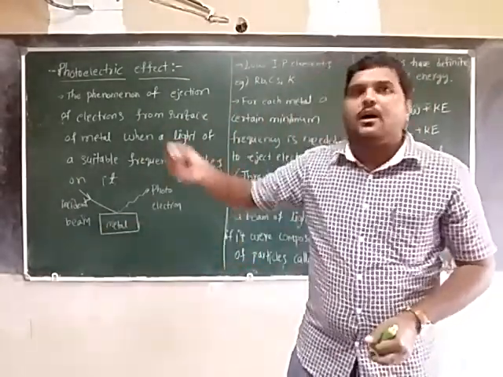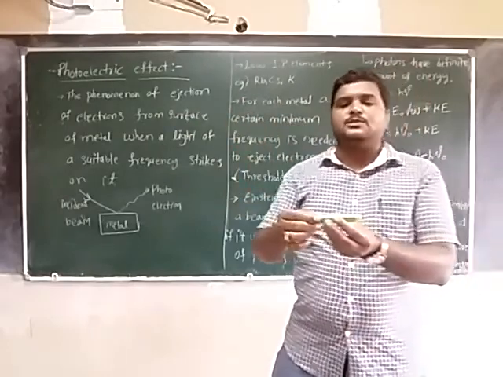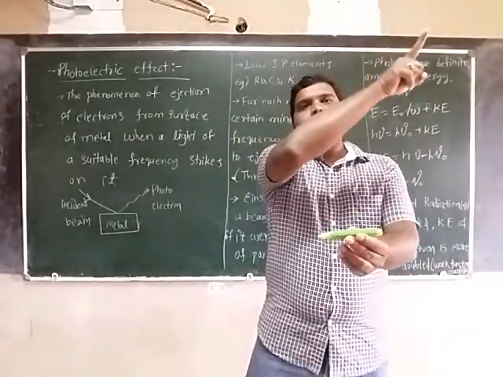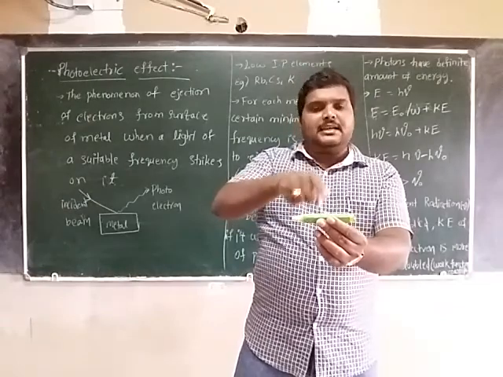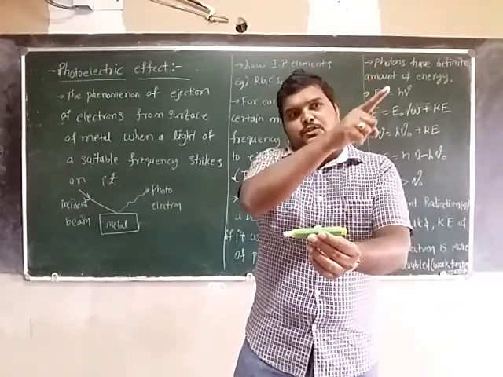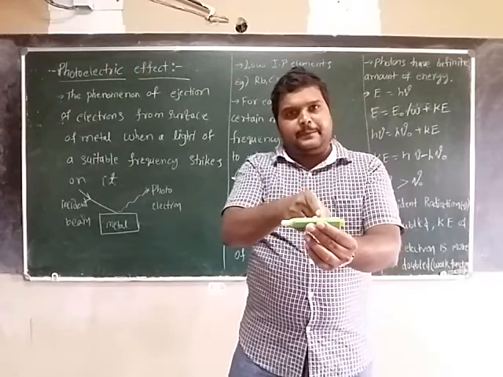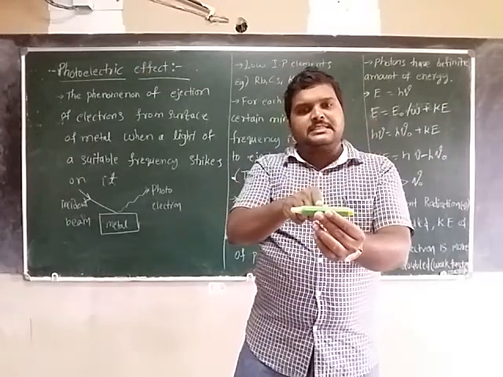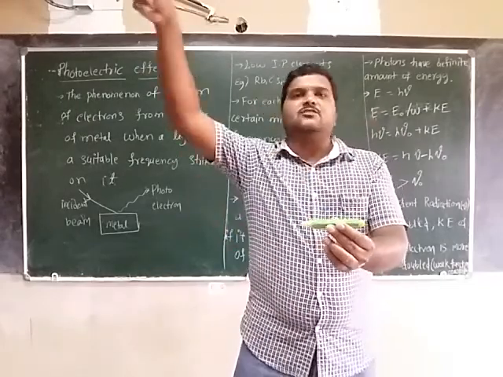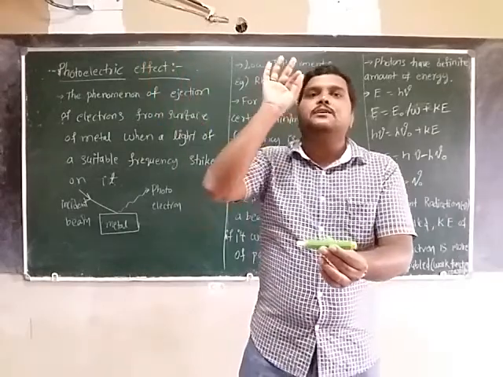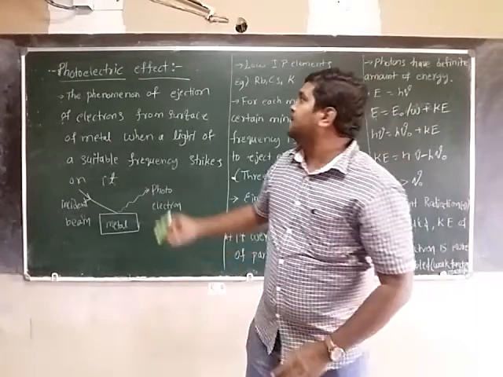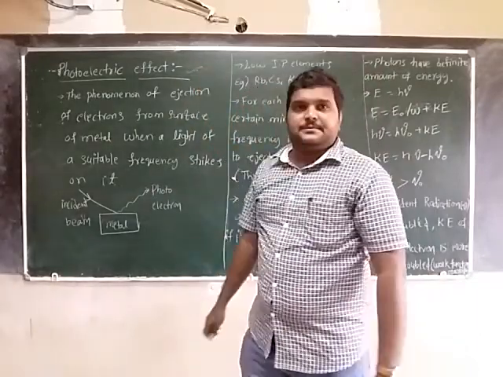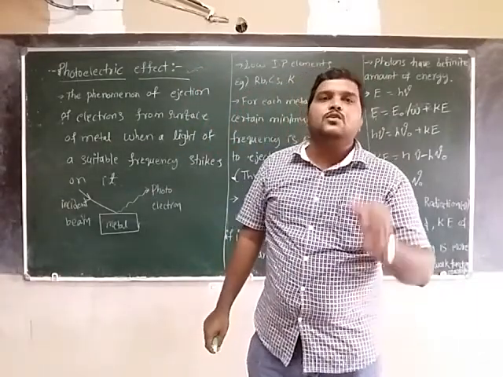Suppose this is a metal, and we are sending a beam of light. On the surface we have electrons. If we send that suitable frequency, we can eject the electron. That phenomenon is called the photoelectric effect.